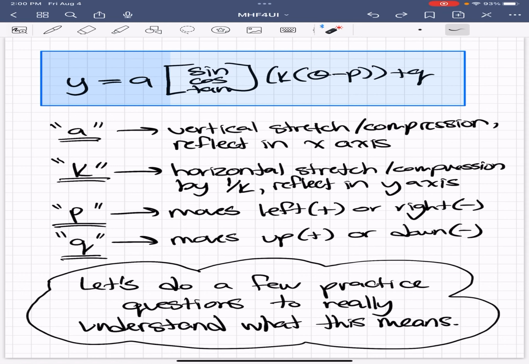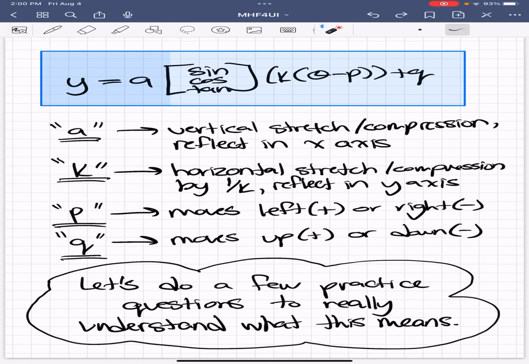K is a horizontal stretch or compression by 1 over k. So we're going to go against our instincts here, and we're going to flip the k value to be the reciprocal. So if it's a 2, it's actually going to be a compression by half. If it's a half, it's actually going to be a horizontal stretch by 2, if that makes sense. And if k is negative, we're going to reflect in the y-axis.